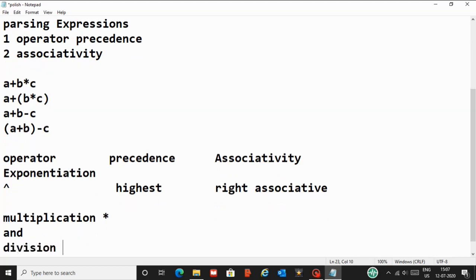What is the division symbol? Slash. Okay. So multiplication and division are second highest. The next is left associative. Both are left associative.